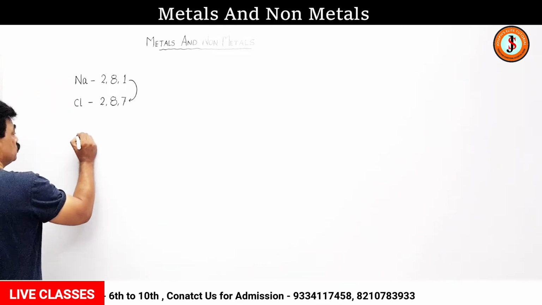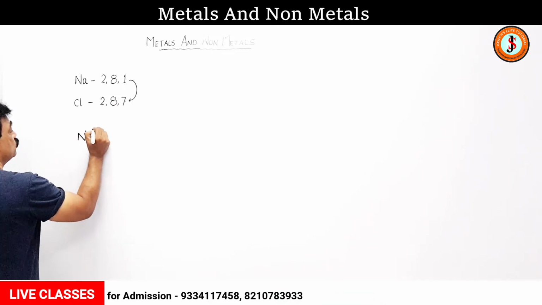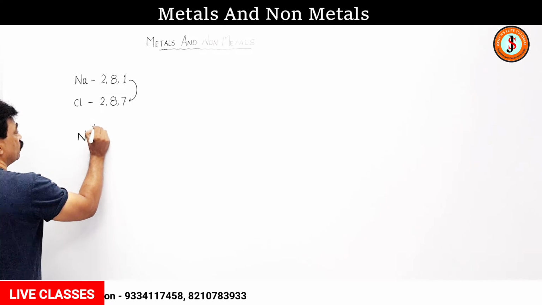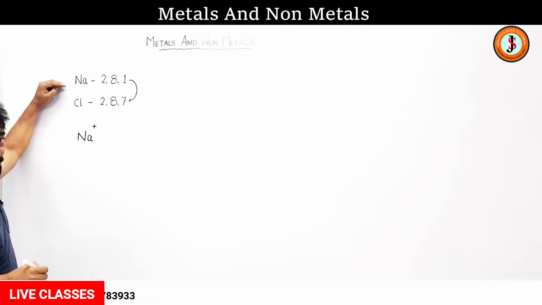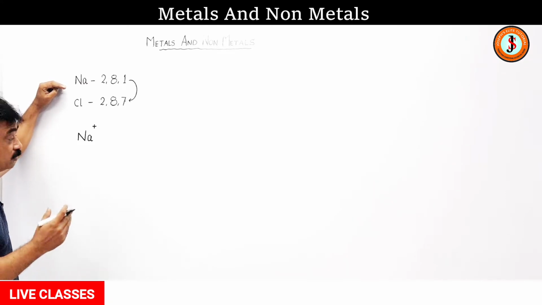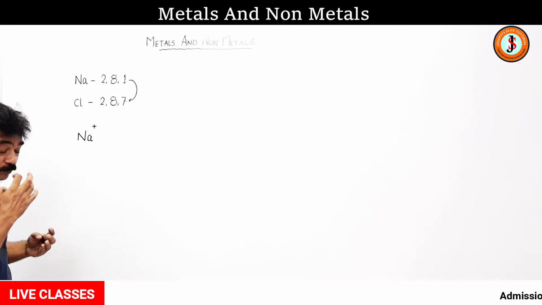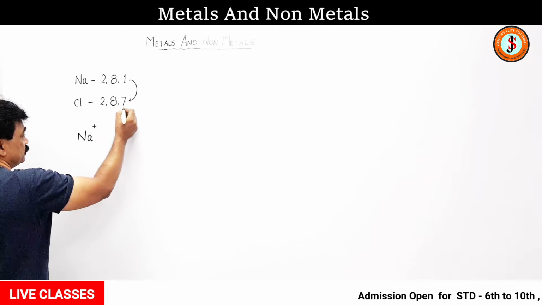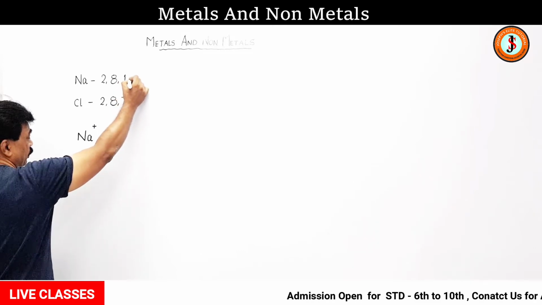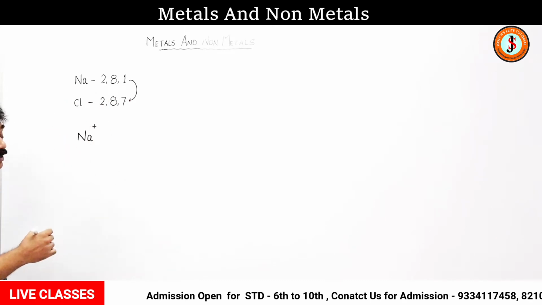What happens? Sodium, which is a metal atom, will lose an electron. So it will have a positive charge because there are 11 protons and 11 electrons in a sodium atom. One electron goes, that means the number of protons exceeds the electrons, so it forms a positive ion. Chlorine has 17 electrons and 17 protons, but the electron from sodium makes it 18 electrons and 17 protons.